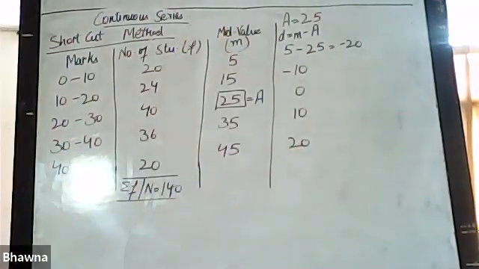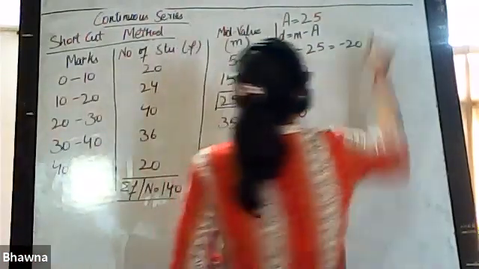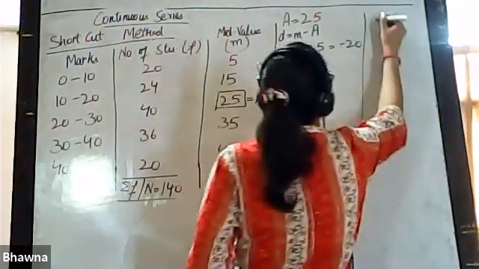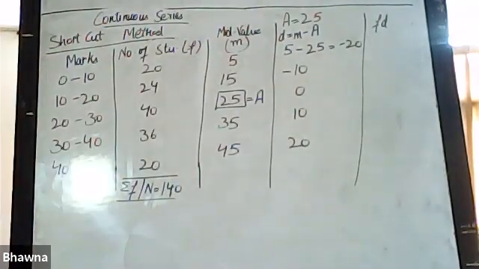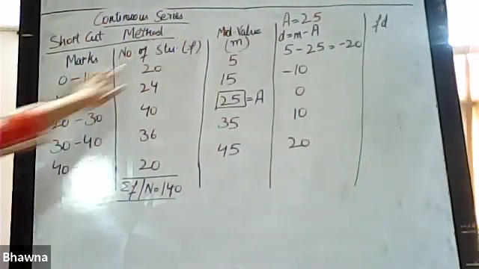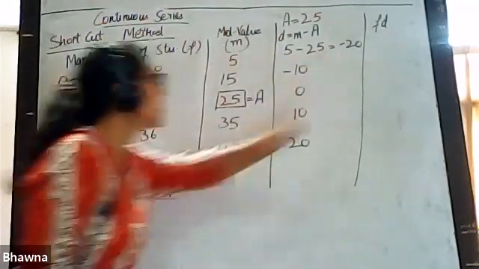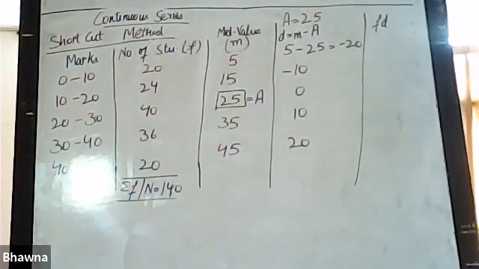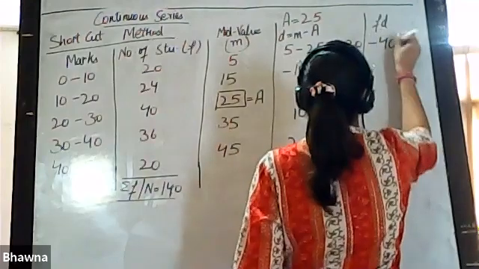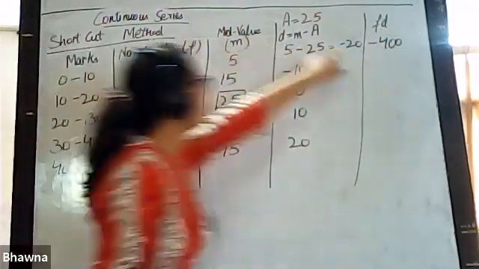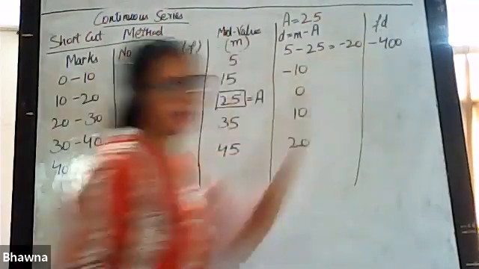After calculating the value of d, now we have to calculate the value of fd. To calculate fd is very simple because we have the value of f here and the value of d is here. 20 multiplied by minus 20 comes to minus 400.